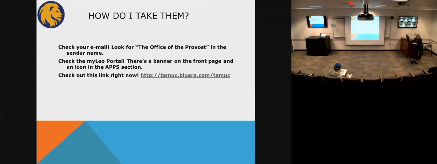Okay, fantastic. If you can't find them in your email, you can check the My Leo portal. There's a banner on the front page and an icon in the apps, or you can also go to that link that's up there now.